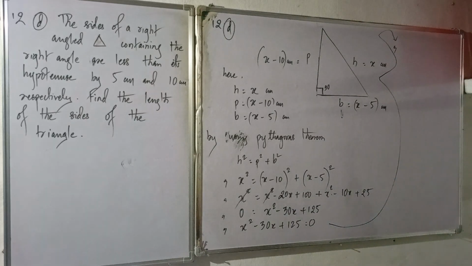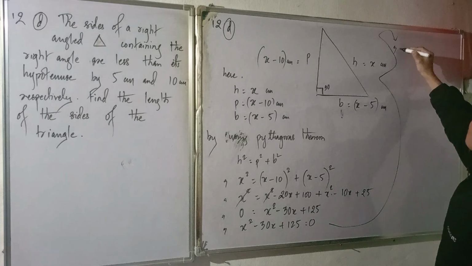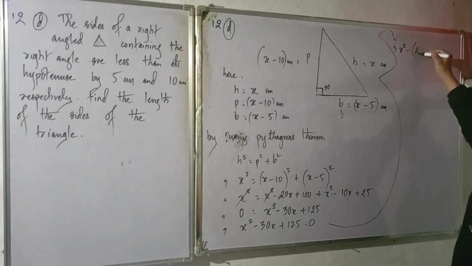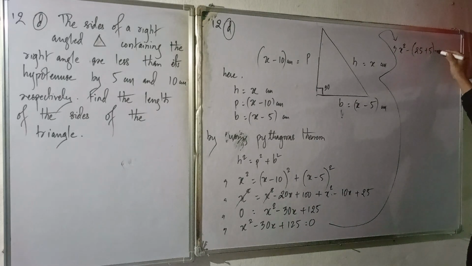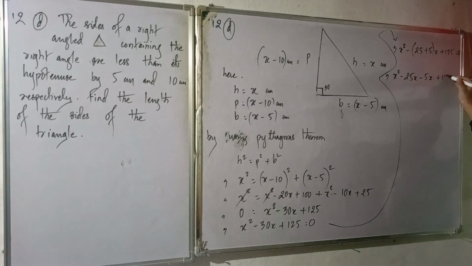So 25 times 5 is 125, 25 plus 5 is 30. So x square minus 25x minus 5x plus 125 equals 0.